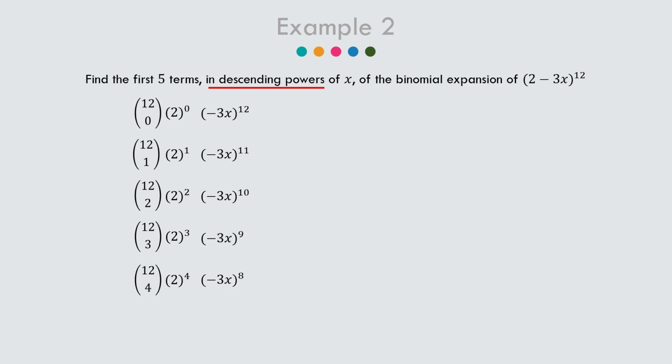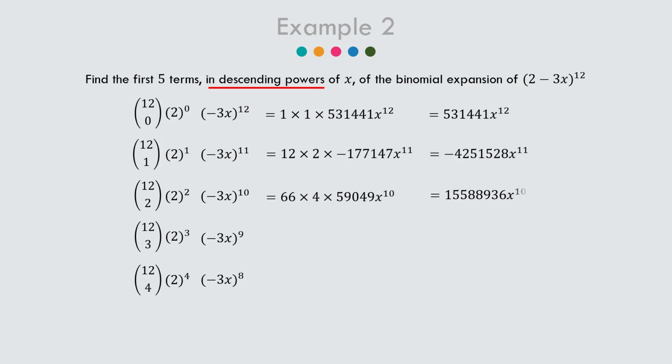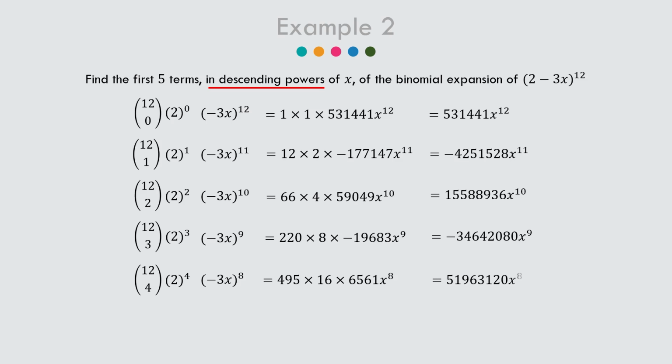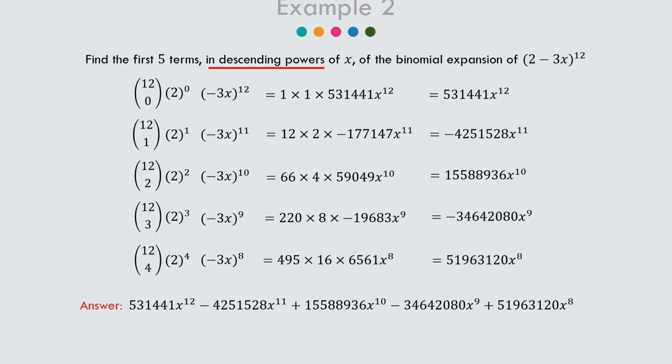Again, you should notice that usually we'd start at the power of 0 and go up, but because we want descending and not ascending terms, once again we're going to go in the opposite direction. Now use your calculator to find the binomial coefficient and multiply through the row. Once you've done this for all the rows, we can put everything together for our final answer.